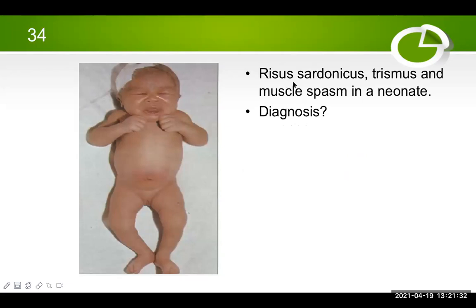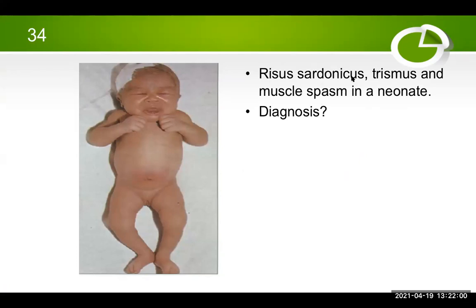Risus sardonicus, trismus, and muscle spasm are seen in this neonate. What is the diagnosis? Tetanus. Neonatal tetanus. Yes, this is a case of neonatal tetanus. See, this is a neonate, so we add the term neonatal tetanus here. And this risus sardonicus, what do you mean by that?